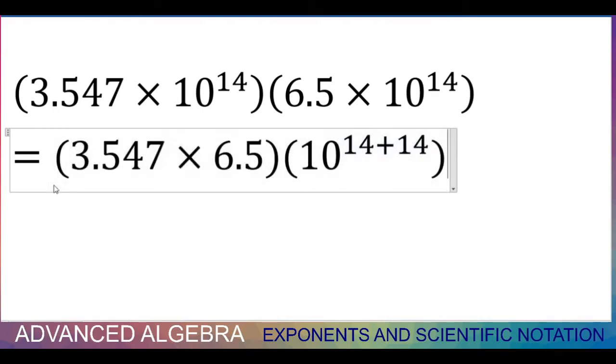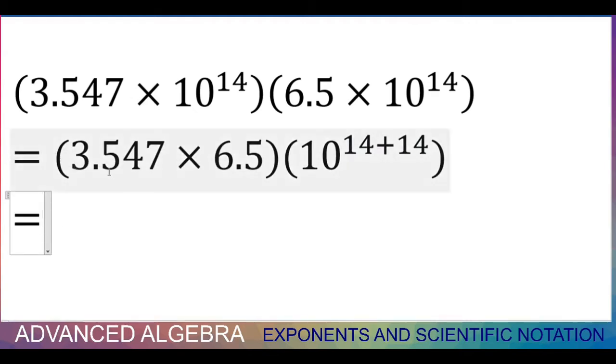Okay, next. Pagka-multiply mo, 3.547 times 6.5, di ba?